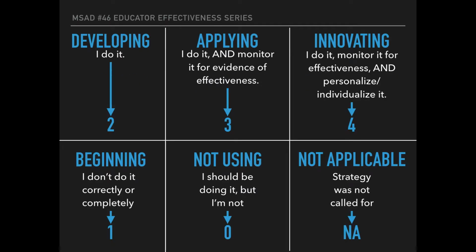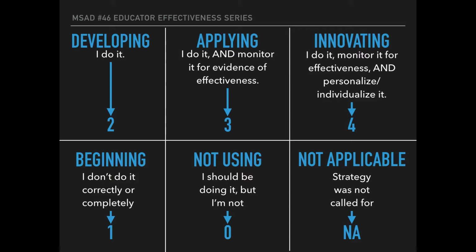So to break it all down onto one particular page, and I'm going to make this available as a downloadable cheat sheet for people to have, focusing more on the top, the developing is, I do it. I simply do it. The 3, or the applying, is I do it and I monitor it for the evidence of effectiveness.